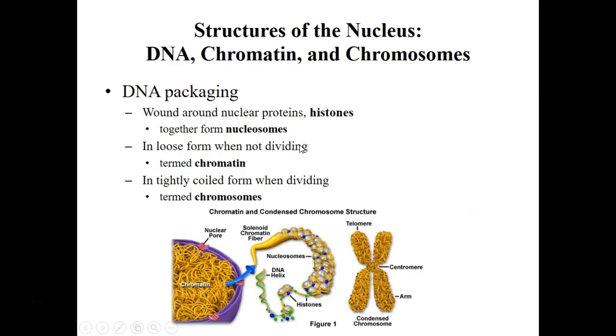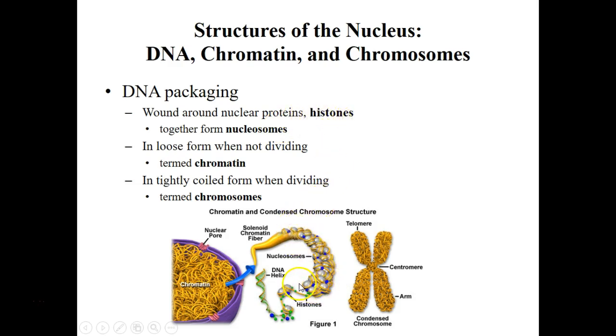DNA in its loose or relaxed form is called chromatin, and I always think of chromatin as kind of like spaghetti. So there you have this bowl, or nuclear bowl, full of spaghetti noodles, and then when the cell's going to divide, the DNA condenses, and it condenses using these little proteins called histone proteins.